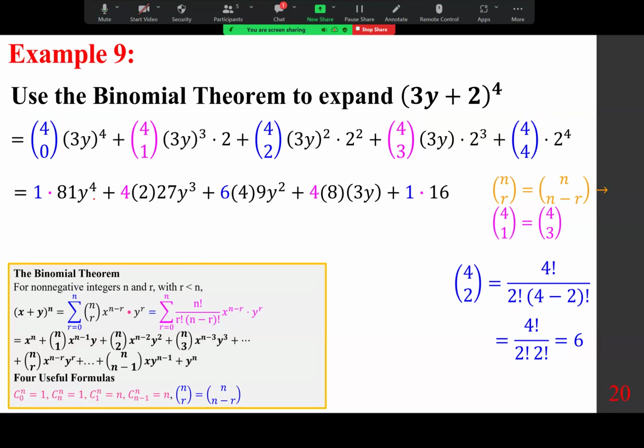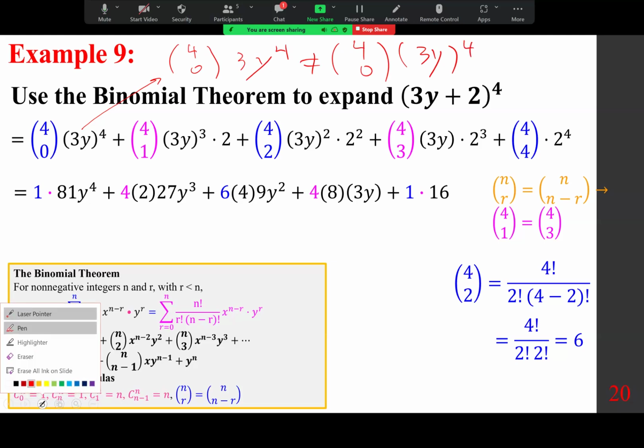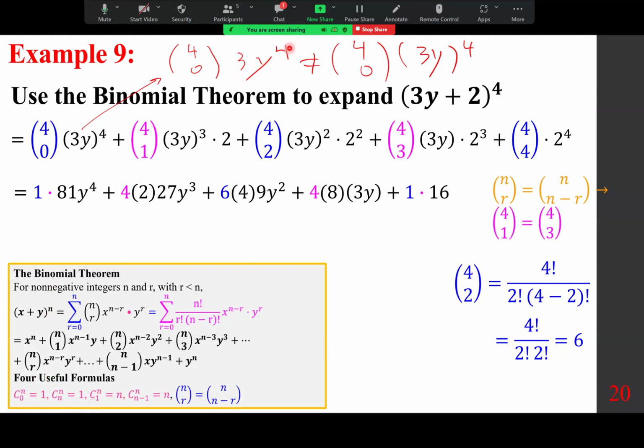So as I was mentioning, the mistake that happens sometimes is that students just write this, which is not the same as this. Notice, in this case, only y is being raised to the power of 4, whereas here, 3 to the power of 4 gives you 81, y to the power of 4. So you want to be careful with that.